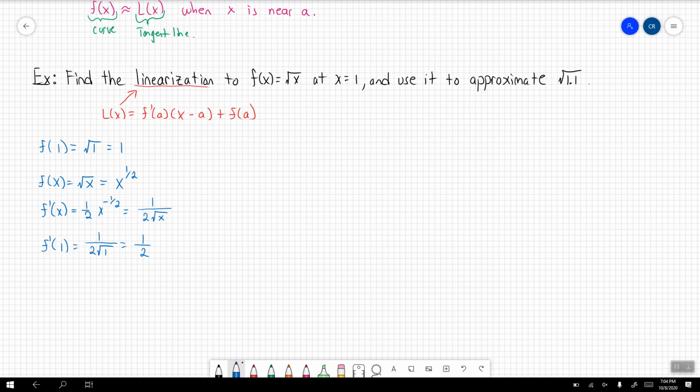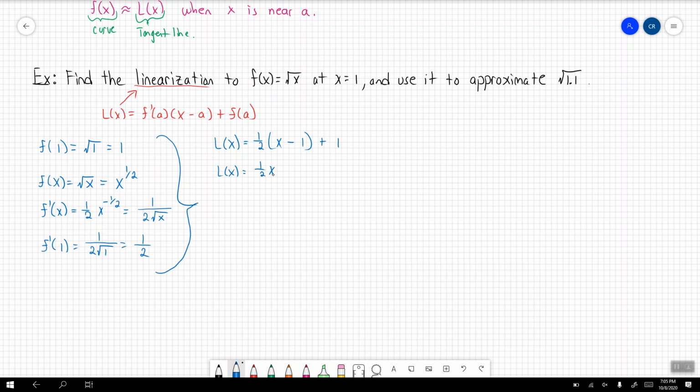Therefore, the linearization that we are looking for, this L of x, is going to be f prime at a, which we found to be 1/2, multiplied by x minus a, which in this case is 1, plus f of a, which was 1. Let's simplify this.